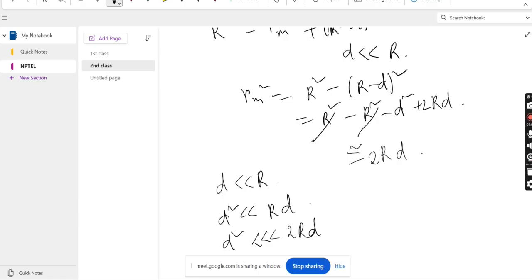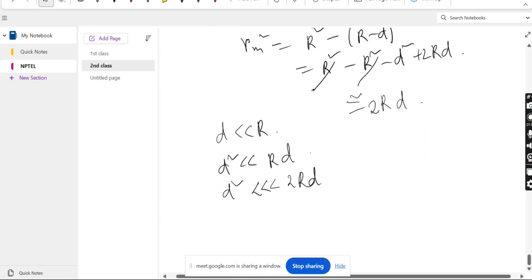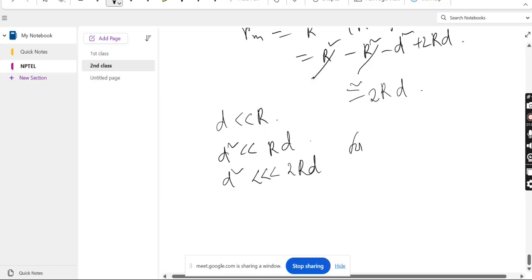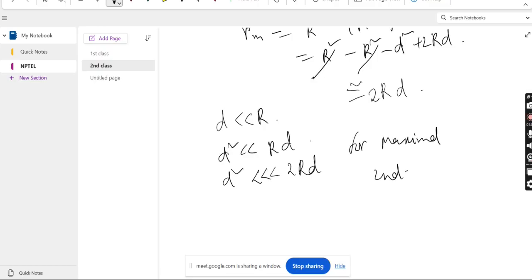Now, using the equation for the bright fringe, we know for maxima 2ND has to be (2n plus 1) lambda by 2. So now we know r n square is almost equal to 2Rt.